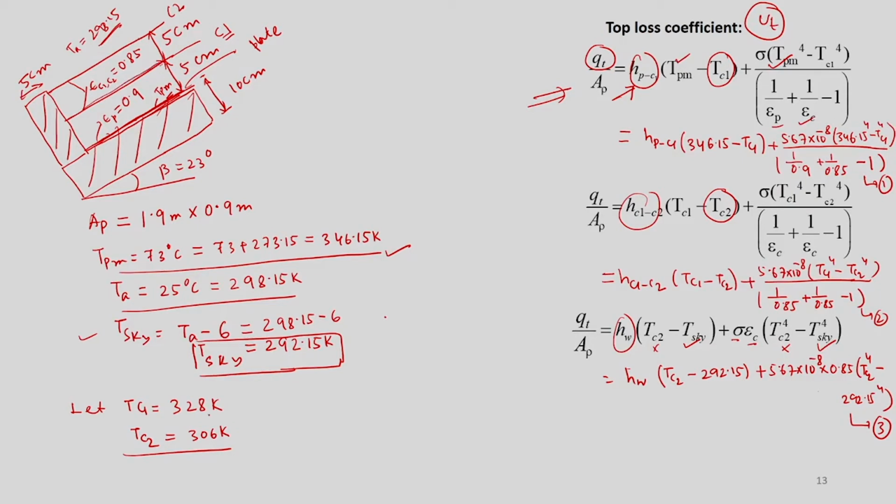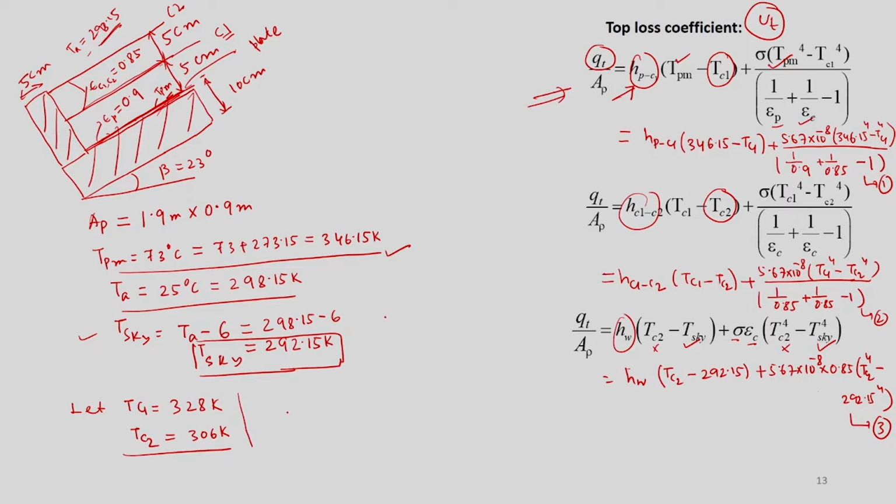That is how we have considered 328, which is more than the average of TA and TPM, and TC2 is 306. We are just assuming these values because we have to do trial and error. There will be two values of TC1 and TC2 which give the same result for all the 3 expressions. Once it is matched, then we can say that it is converged. So, this TC1 and TC2 we have assumed.